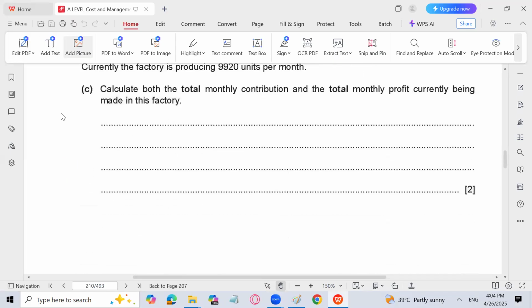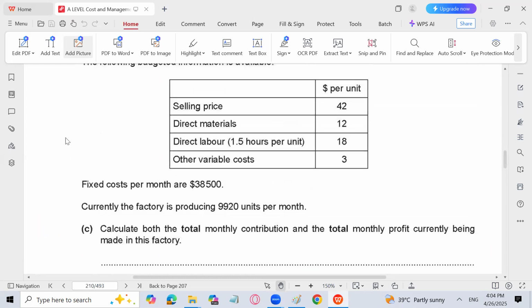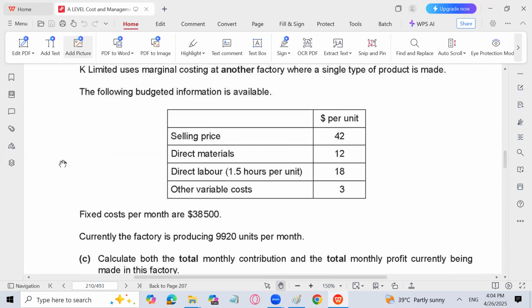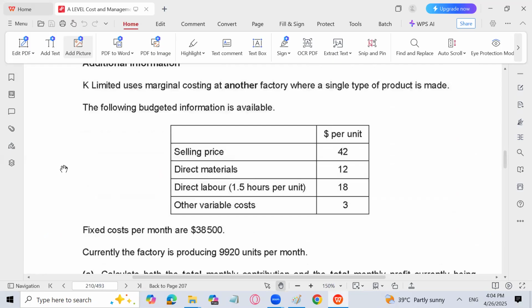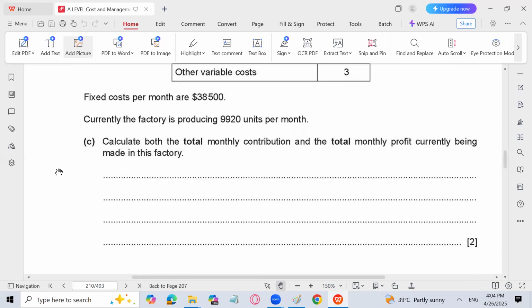So here it is. This question has come in February, March 22. So let's do that. K Limited uses marginal costing at another factory where a single type of product is made. Selling price is given as 42. Direct material, direct labor, and other variable costs are also given. Currently, the factory is producing 9,920 per month.